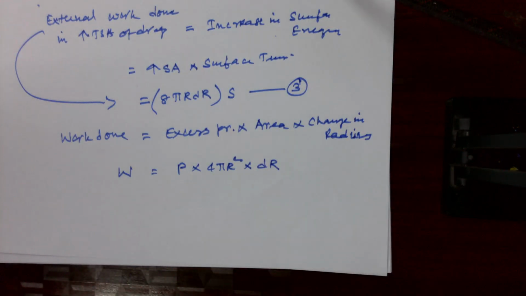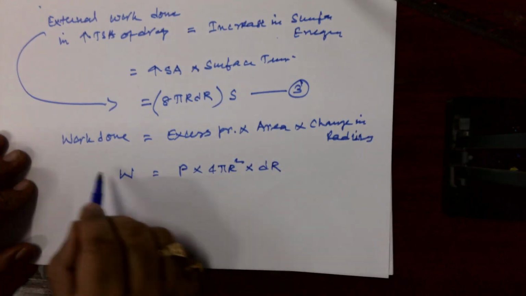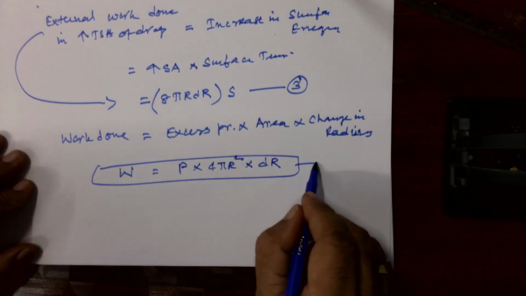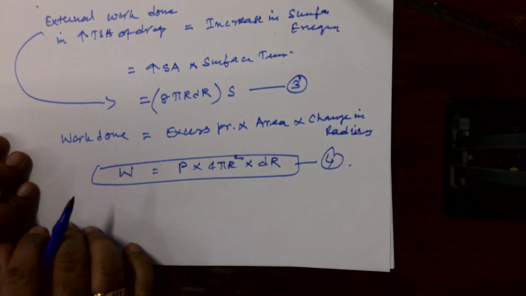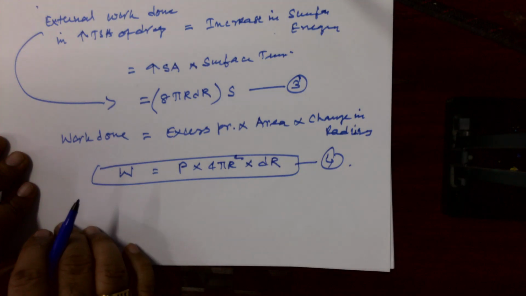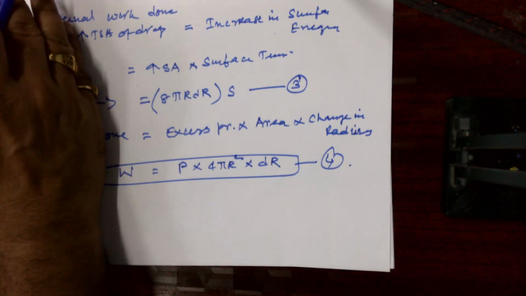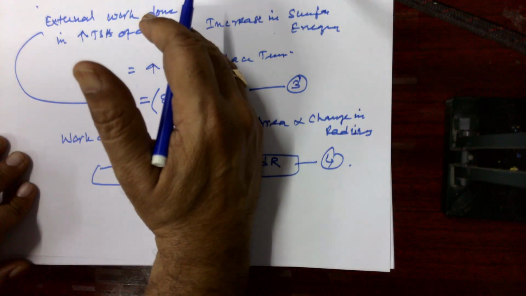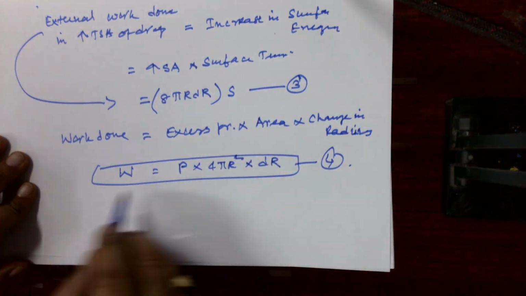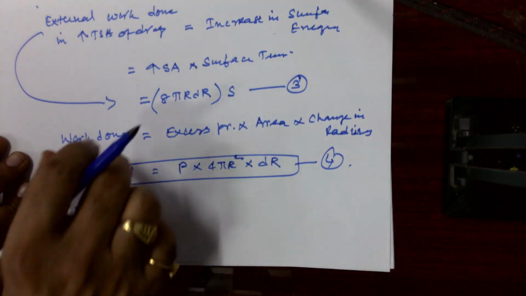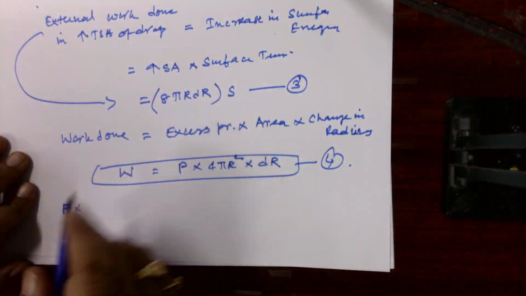Got this point? So from equation number 3 and 4, the LHS are equal, RHS should be equal. So in that case, P into, because work done is nothing but the energy associated with that.